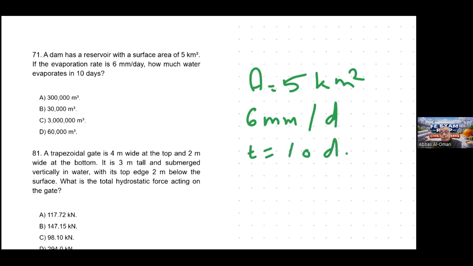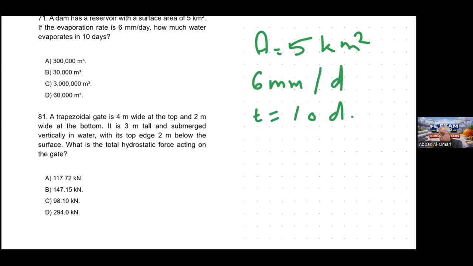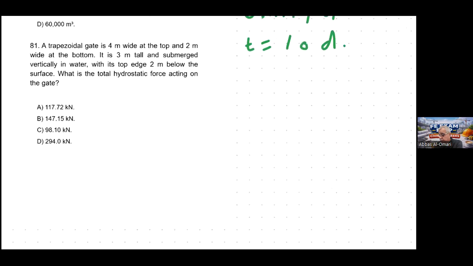This is a straightforward problem, but we have to take care of the units. So the volume of evaporated water in 10 days is, so the volume equals the area multiplied by evaporation rate.